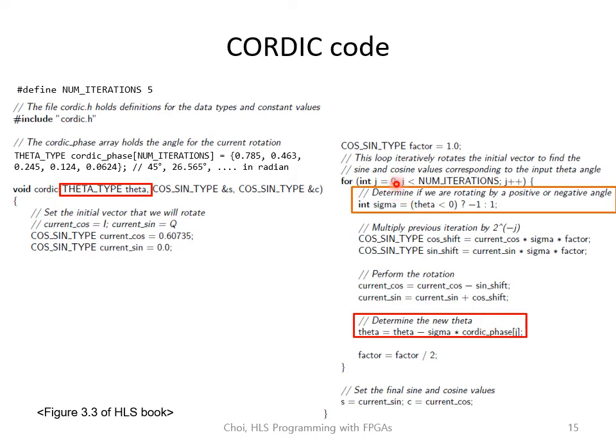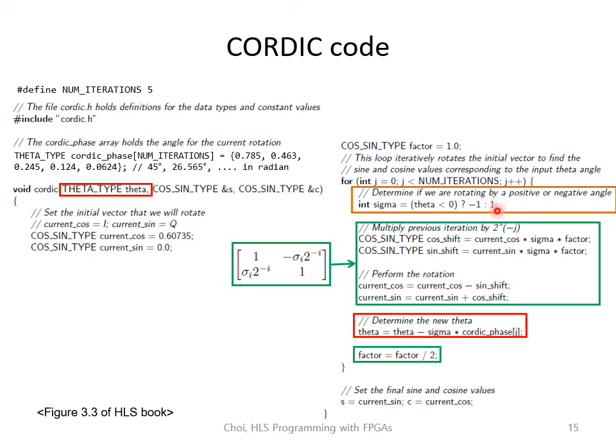So at each iteration, we're going to check if we have reached the target angle, and if we have overshot the target, we'll rotate by a negative angle, and if we fell short, we're rotating by a positive angle. Then we perform the rotation by multiplying the value of sigma and the variable factor, which is 2 to the power of minus sine. Right?